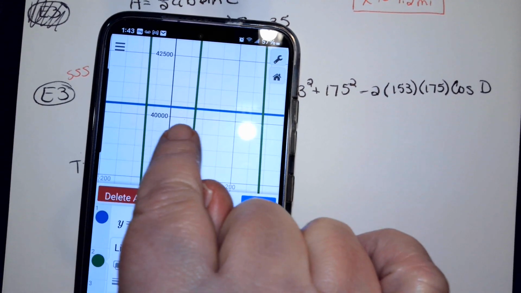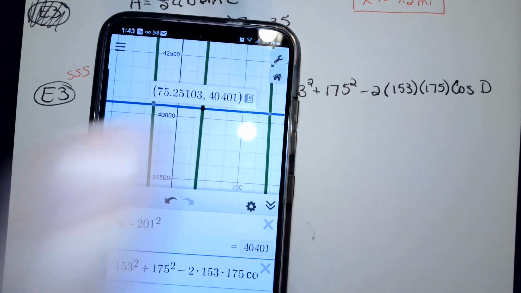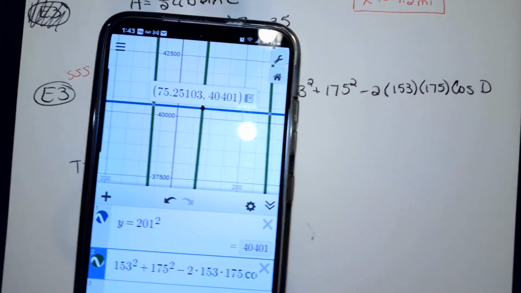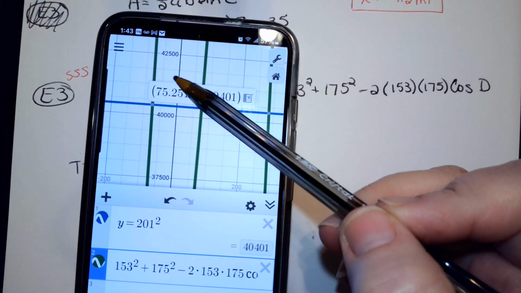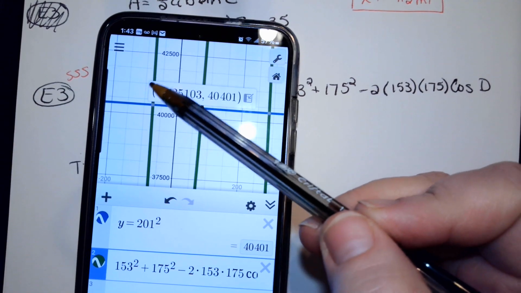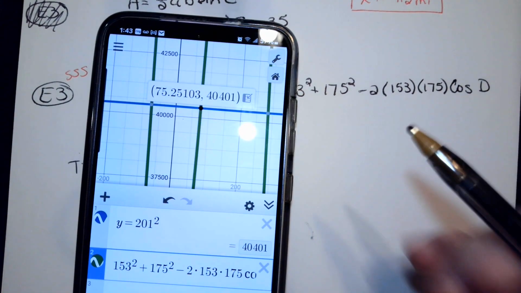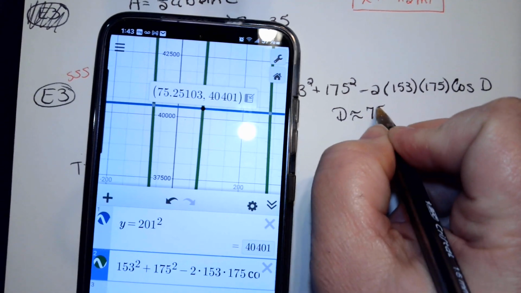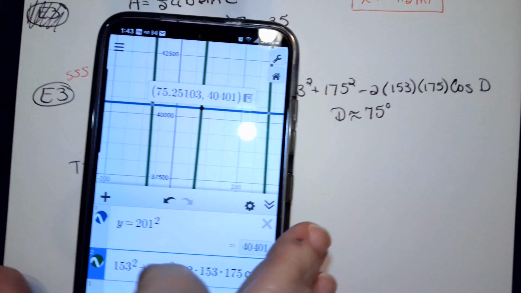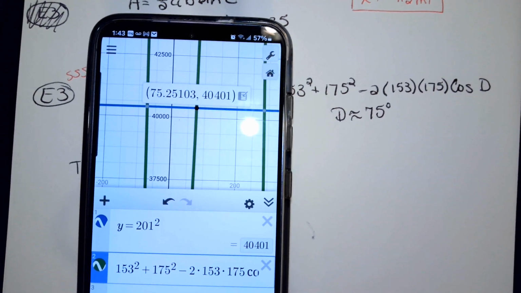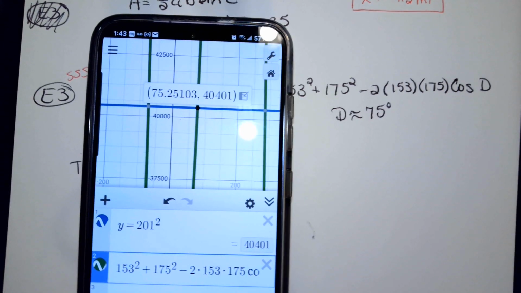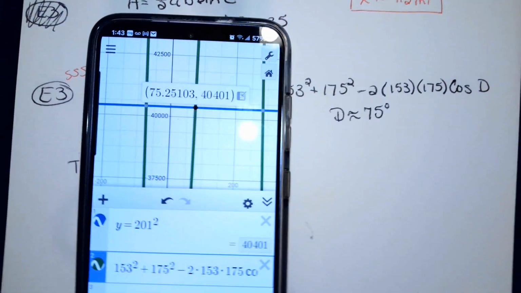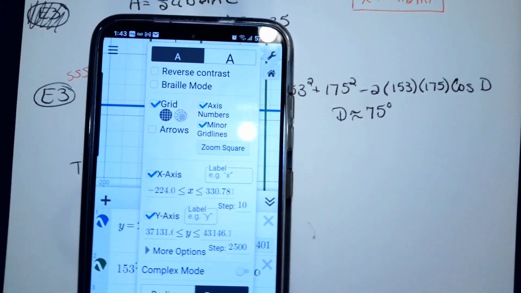Where does it first intersect? Well, it first intersects right here. So my angle, and since we're dealing with angles, we're going to do the nearest whole number. So my angle here is going to be approximately 75 degrees. So D is approximately 75 degrees. So again, why did I know to go in there and change my x values?